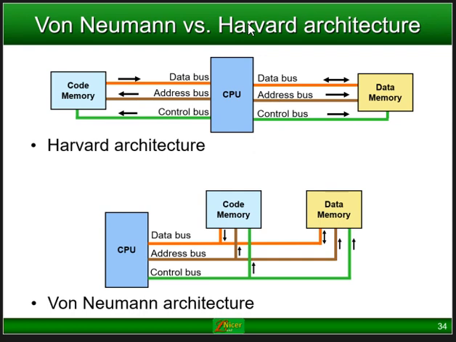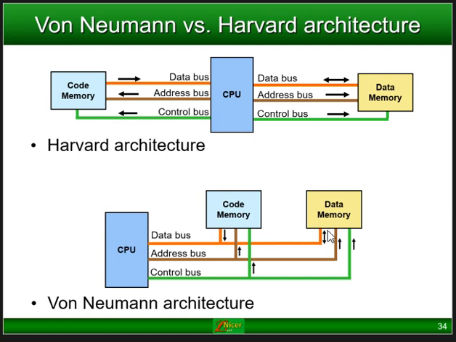And then just before we stop this video, there are 2 different architectures. Let me first of all talk about von Neumann architecture. As you can see, if the CPU wants to get a code, and this data bus is busy, then I can only get the code on the data bus.